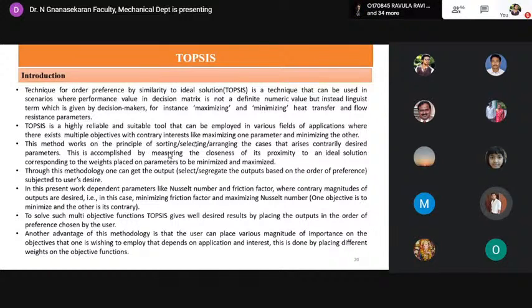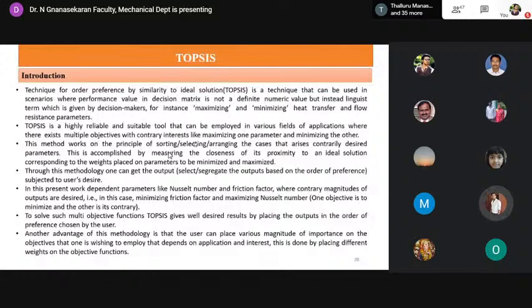So now let me introduce this Topsis method. Topsis is actually a technique for order preference by similarity to ideal solution. Here we are going to talk in linguistic terms. For example, the decision maker will decide the solution. In our case, it is maximizing and minimizing the heat transfer and flow resistance parameters respectively.